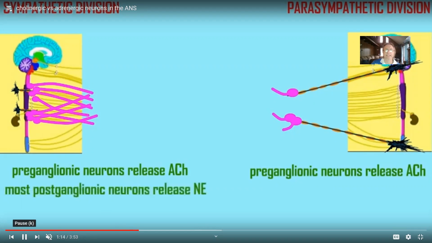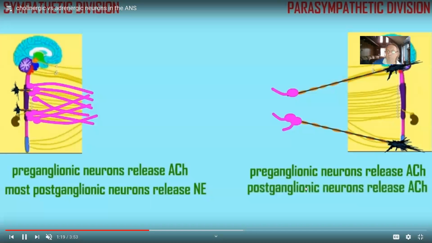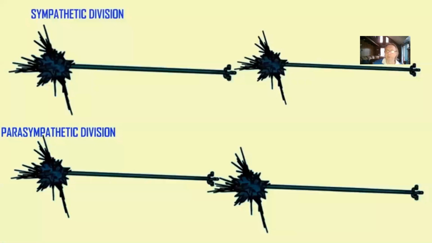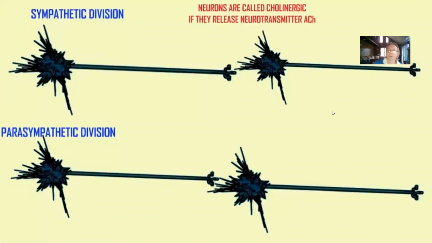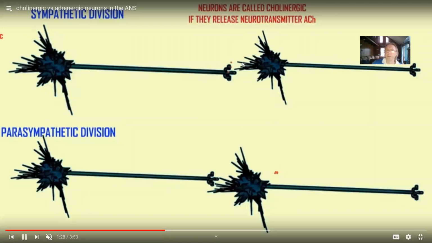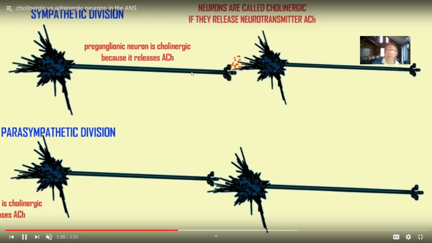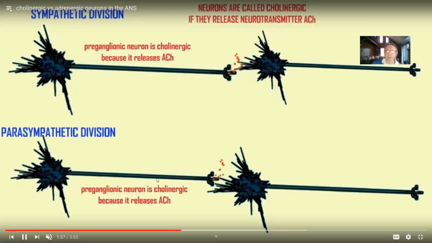Whereas in the sympathetic division, most of the postganglionic neurons are adrenergic, releasing norepinephrine, while in the parasympathetic division, the postganglionic neurons are also cholinergic. So neurons are called cholinergic if they release acetylcholine. This neuron is releasing acetylcholine. It is cholinergic. And in the sympathetic division, that applies to the preganglionic neurons. And in the parasympathetic division, it applies to the preganglionic neurons.